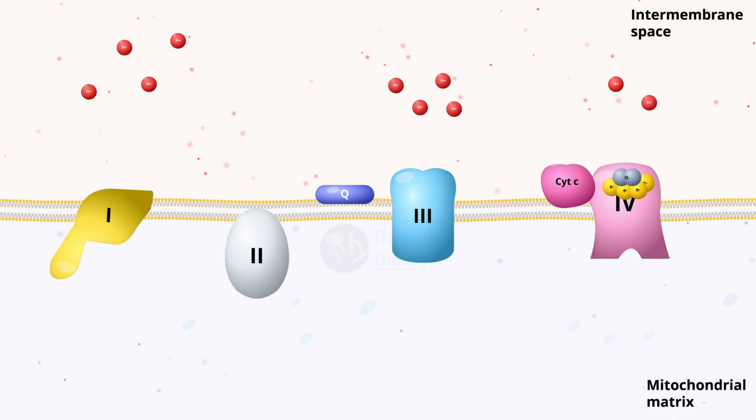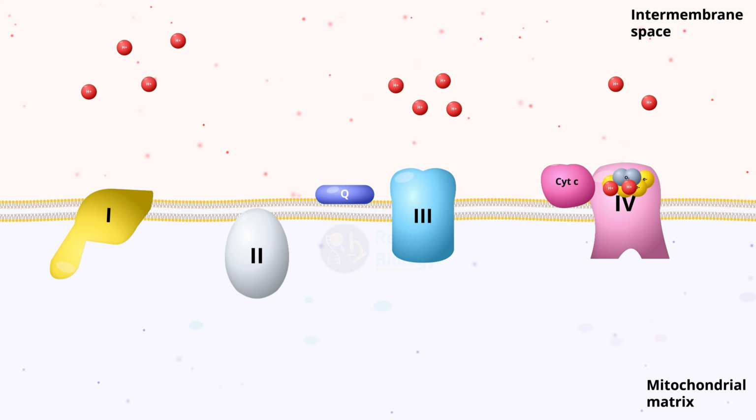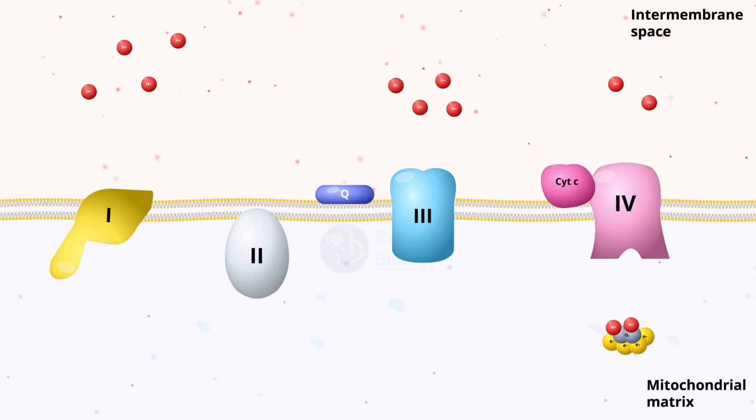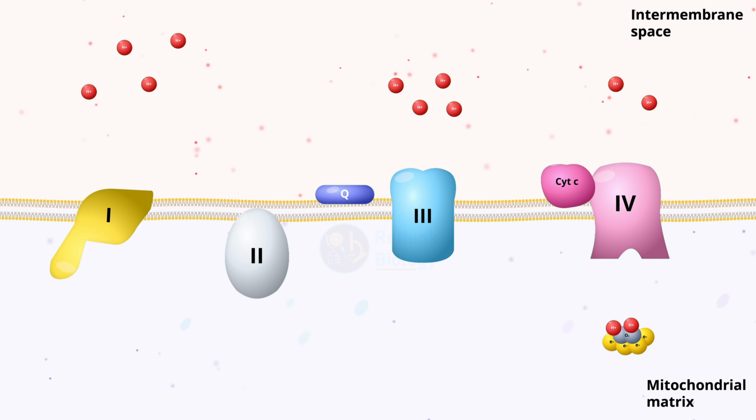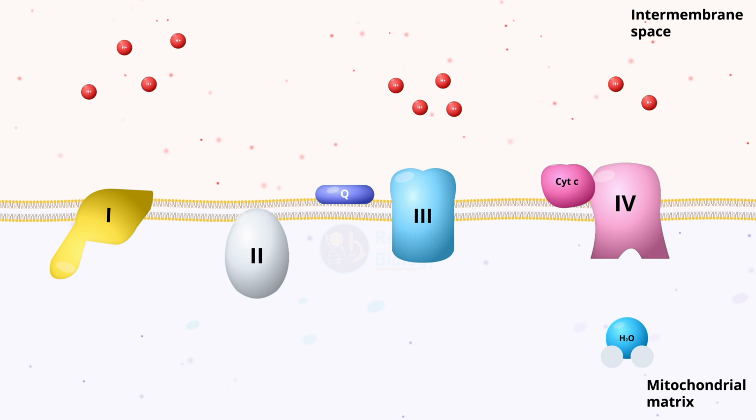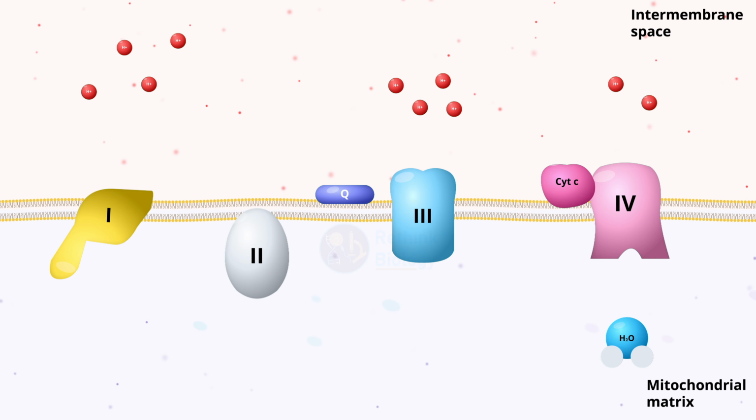To stabilize itself, the oxygen also grabs a few protons from the matrix. When oxygen, electrons, and protons combine, they form a harmless byproduct, which is water. The formation of water clears the chain, allowing the process to continue running seamlessly.